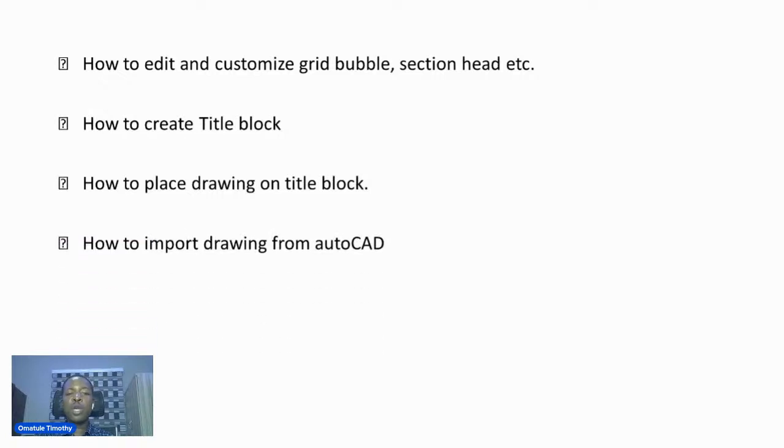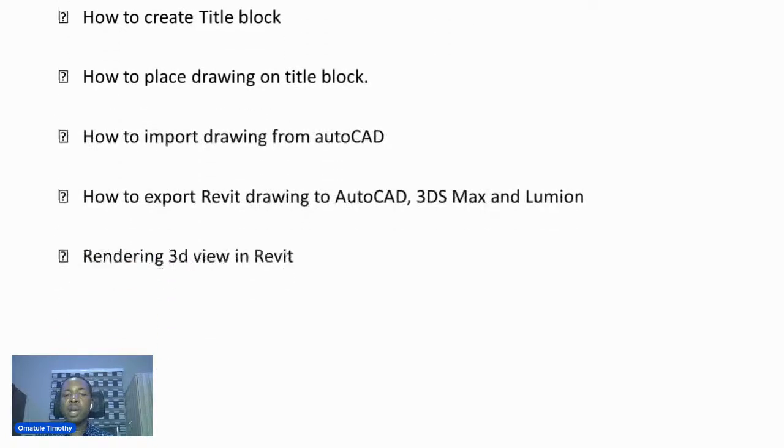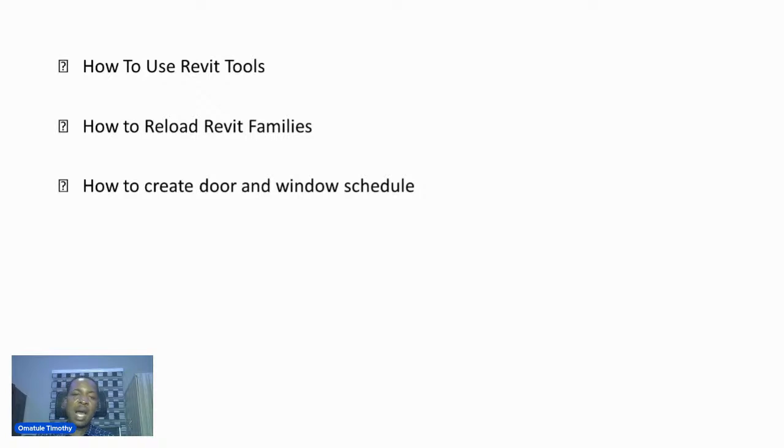You learn how to import drawings from AutoCAD and vice versa. You learn how to export Revit drawings to AutoCAD, 3ds Max, and Lumion. You learn how to render a 3D view in Revit. You learn how to use Revit tools. You learn how to reload Revit families from external hard disks.